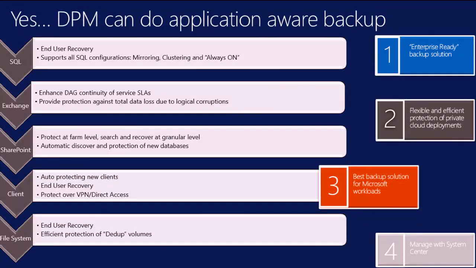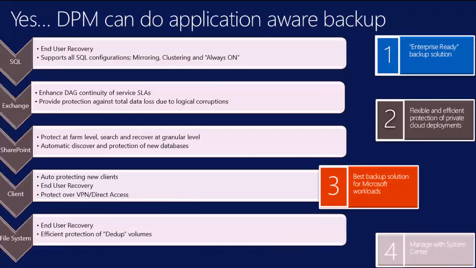You don't need to recover the whole terabytes of data. Also, you can search that particular item. Your SharePoint admin is going to say, hey, I want this document file. Can you recover that for me? DPM has a search capability where you can recover that data and store it back for you.